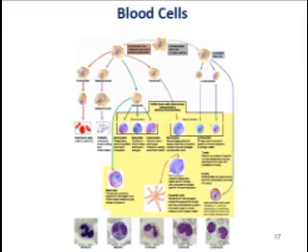But we're not concerned with the red blood cells so much, because we use them for other purposes. And then there's also the platelets that we use to close a wound, and so that one is not really part of what we're looking into either.